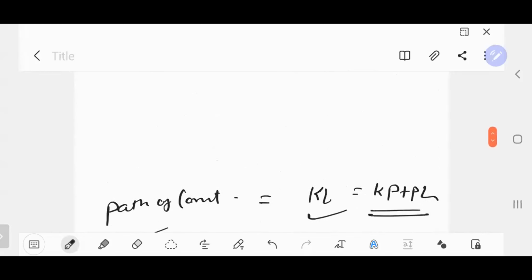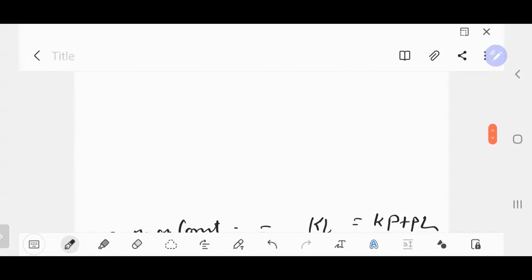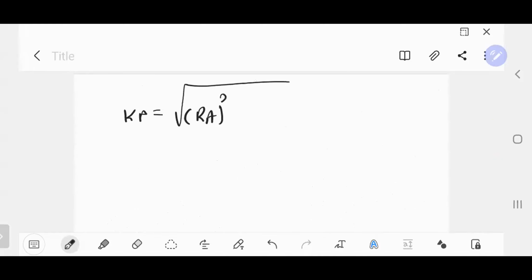Again, in the length of path of contact equation, Kp and PL, still something is missing. See, Kp is equal to under root of capital RA square minus R square cos square phi, minus R sin phi.